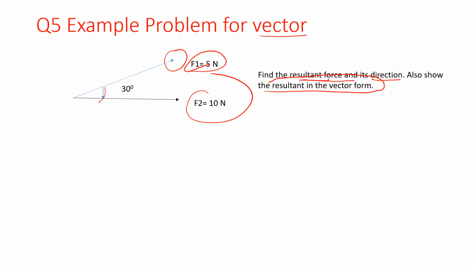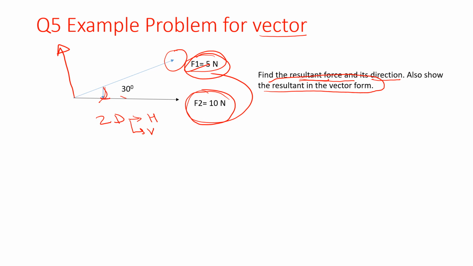In this type of problem, the way to do it is to break all the forces into components. This is a two-dimensional problem, so always break into horizontal and vertical components. The 10 Newton force is already in the horizontal direction, so you don't have to worry about that. But the F1 force is at 30 degrees to the horizontal, so try to break it into components.